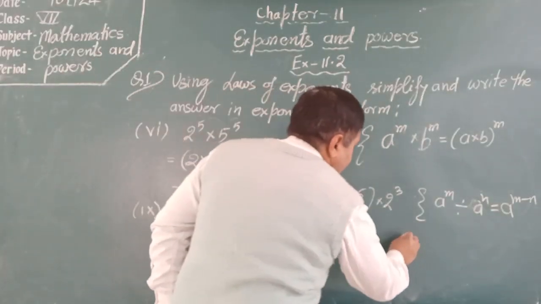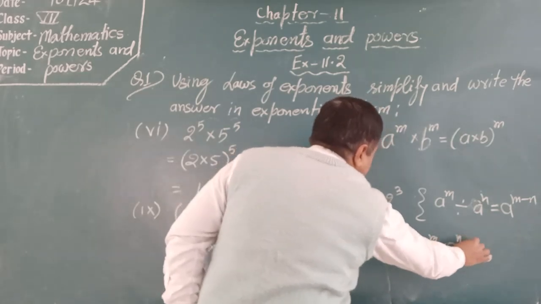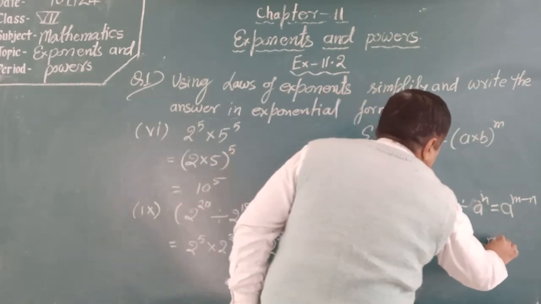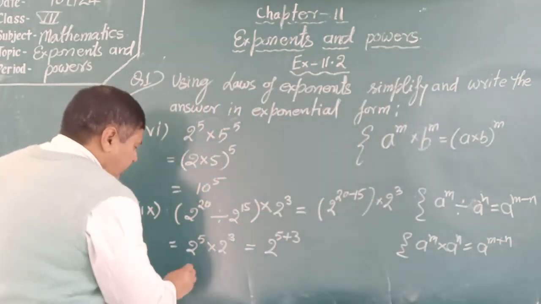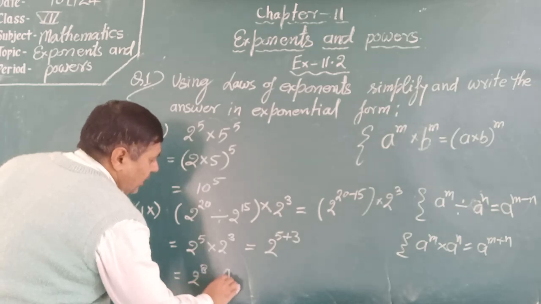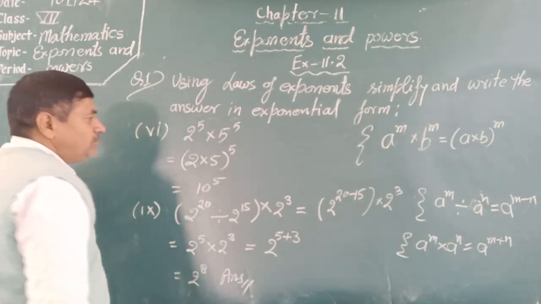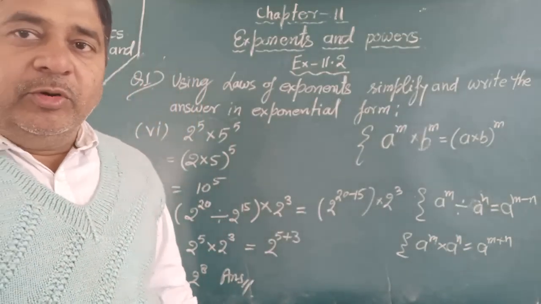Here you apply a to the power m into a to the power n, which will be m plus n. Now it becomes 2 to the power 8. This is your answer. Now students, the remaining parts are for homework.